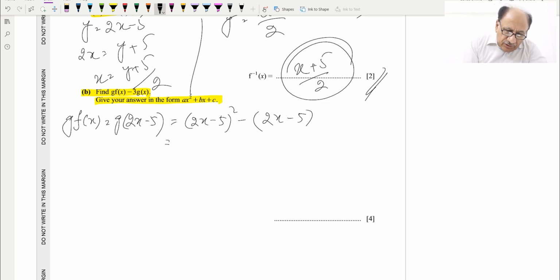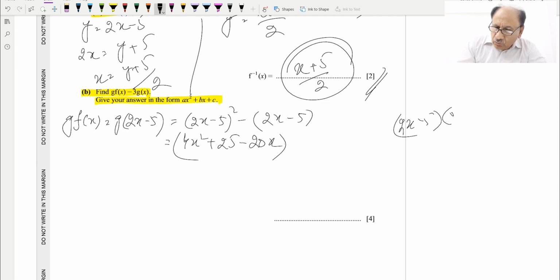Now we will be opening this, and this will be 4x square plus 25, and minus 20x. If you multiply 2x minus 5 into 2x minus 5, you will get the same thing which I have written over here, or you can directly apply the formula as well.